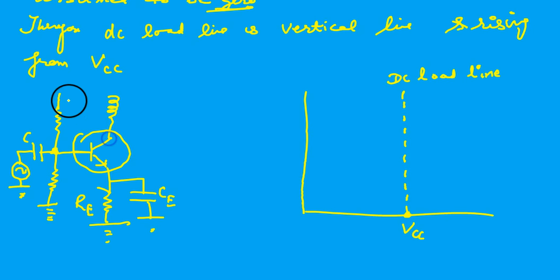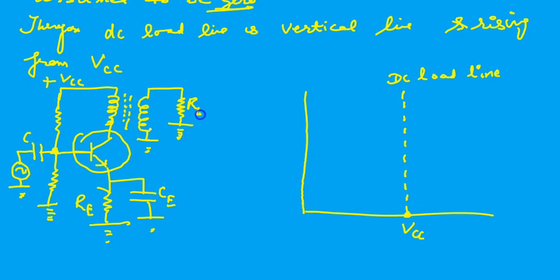Then here is a coil, the primary turns of the transformer, VCC supply, and iron core, then secondary windings, and at the secondary winding there is a load resistance RL. So this is the circuit basically.